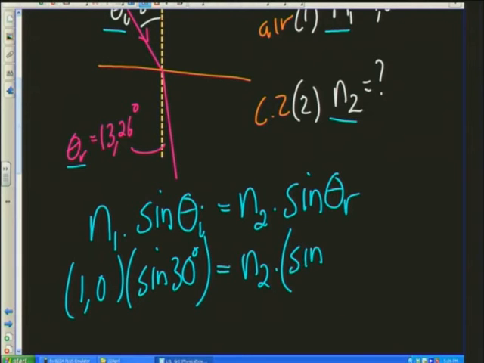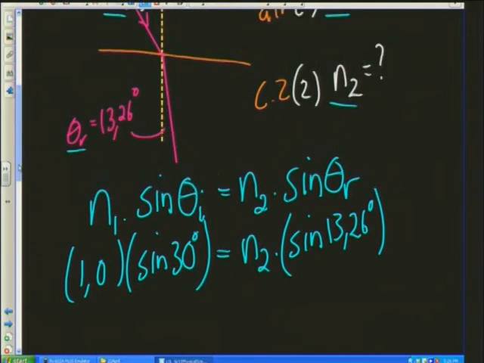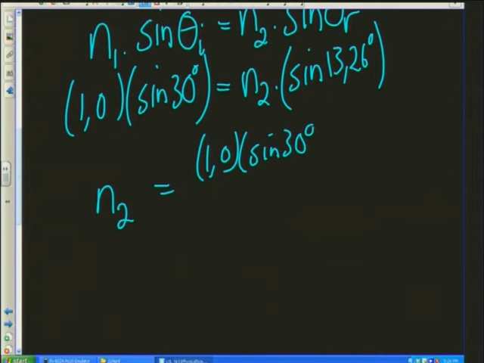Sine of 13,26 degrees. Close my brackets. Now I'm home and dry. It's not difficult. Because what I recognize is that if I want to get n2 by itself, I'm going to take 1,0 times the sine of 30, and divide it by this amount here.